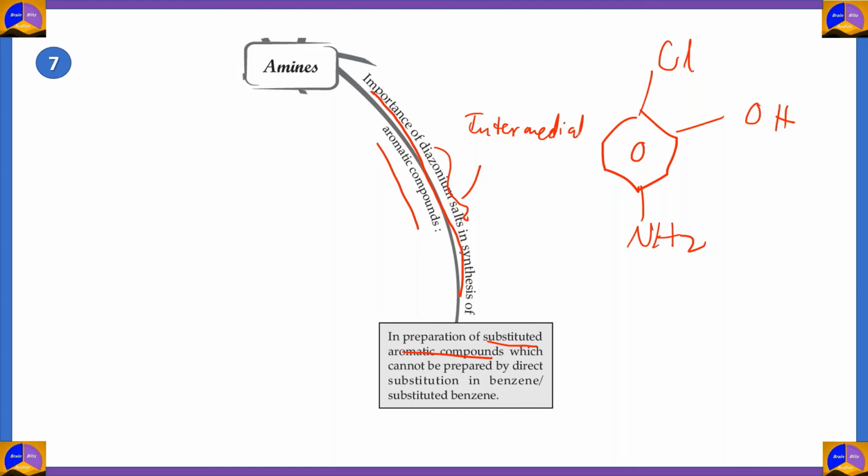These are used in many reactions that yield substituted aromatic compounds. Usually we cannot prepare these by direct substitution to benzene. So what we do is convert the benzene into the diazonium salt, and then the diazonium salt is converted into the substituted aromatic compounds.